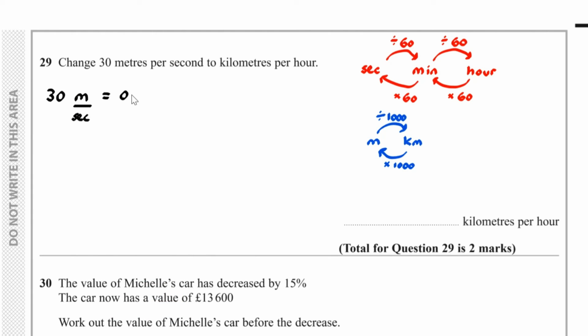So we have 0.03 kilometers per second. Now I want to convert this kilometers per second into kilometers per hour.